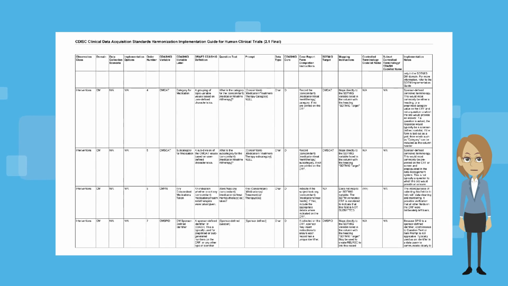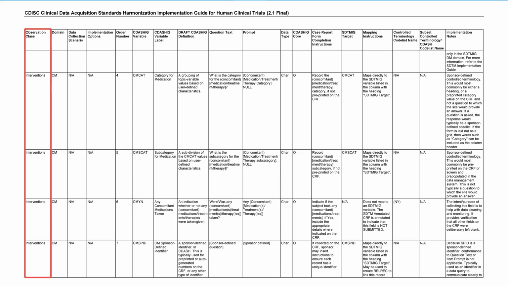The specification tables feature the same structure for all observation classes. They include the observation class, the 2-letter domain abbreviation, and a sorting order number. These are followed by the variable name, label, and definition.